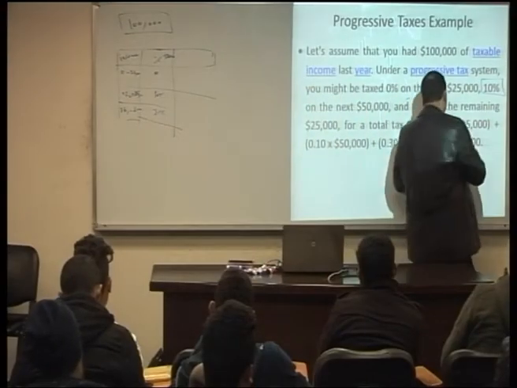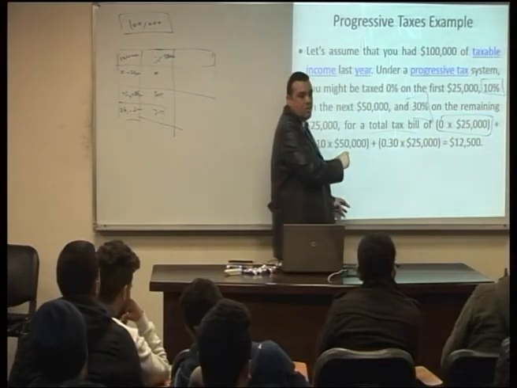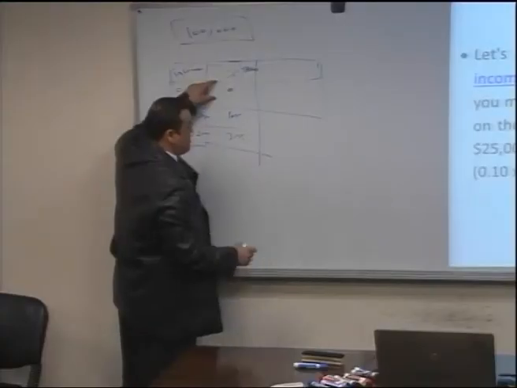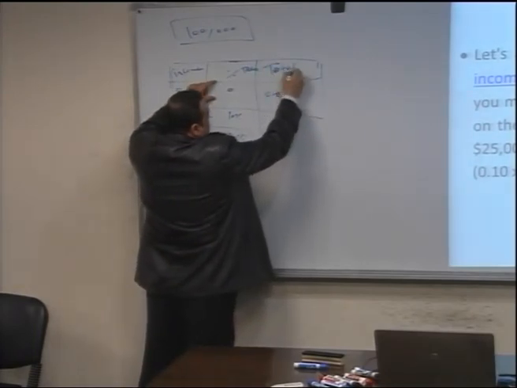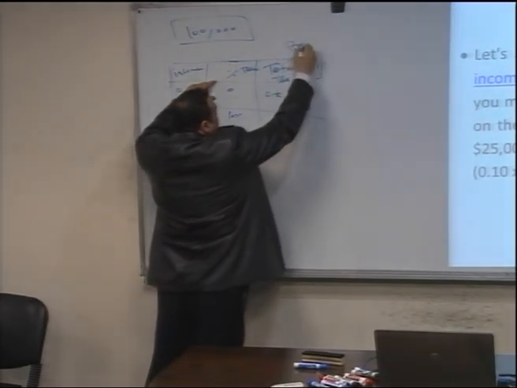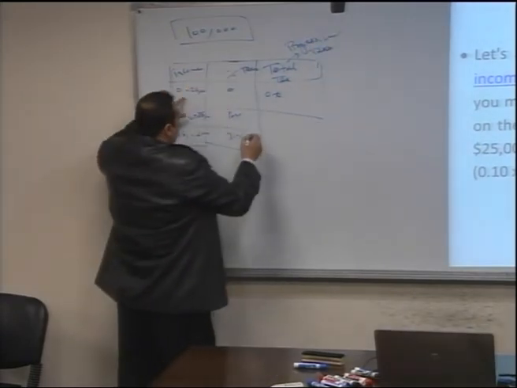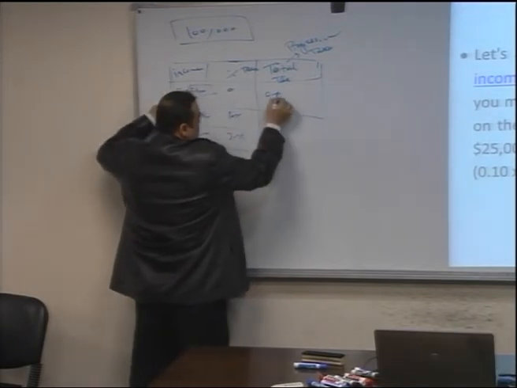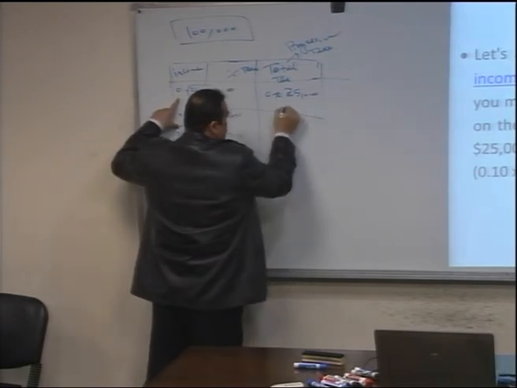Now, the question is what the total tax bill will be. For the first group, 0 times $25,000 equals 0.